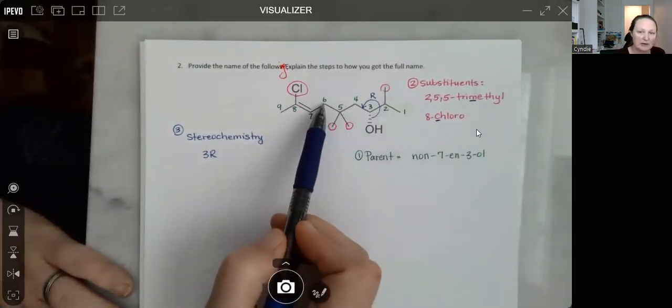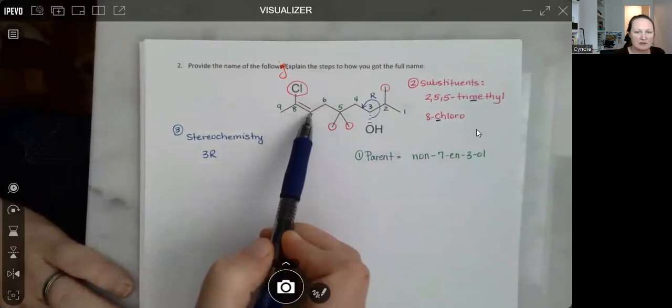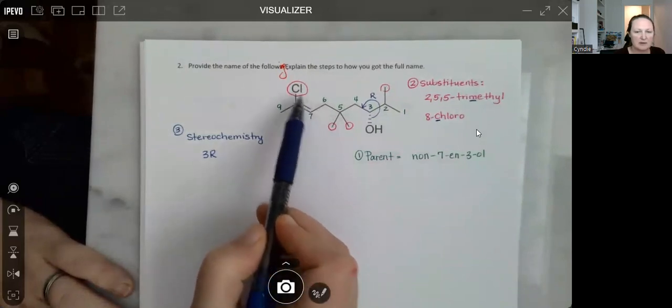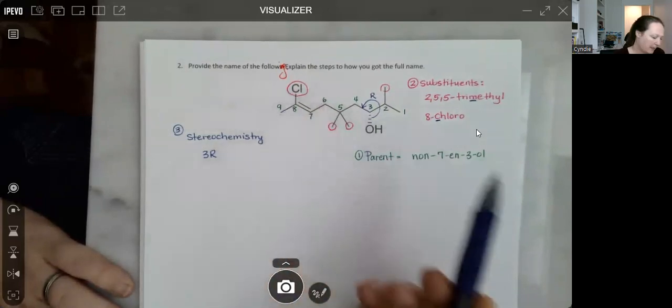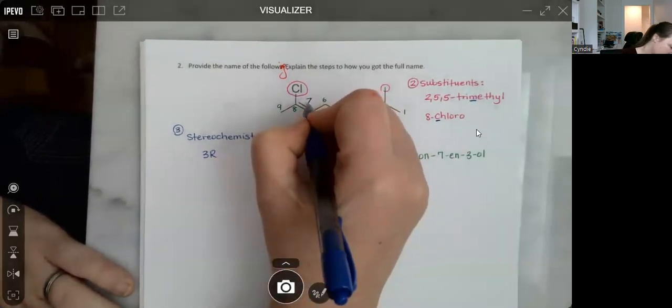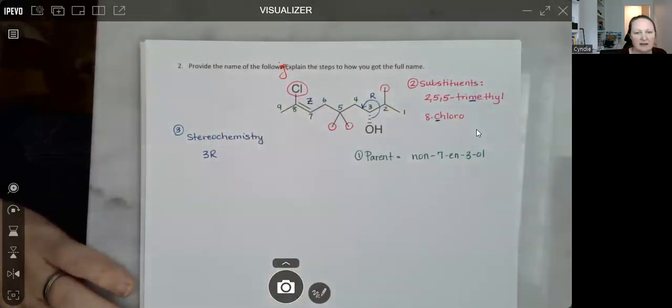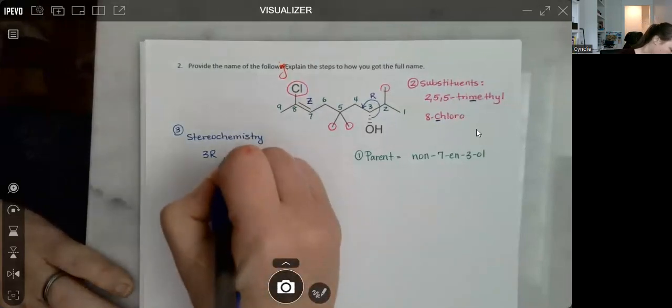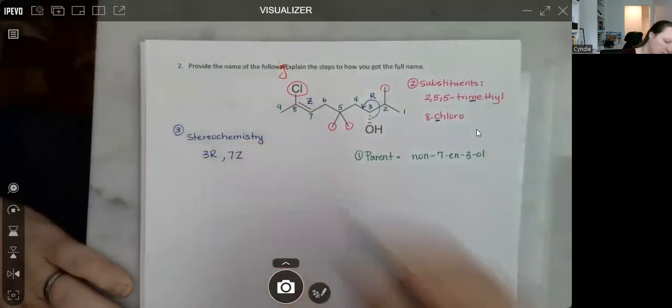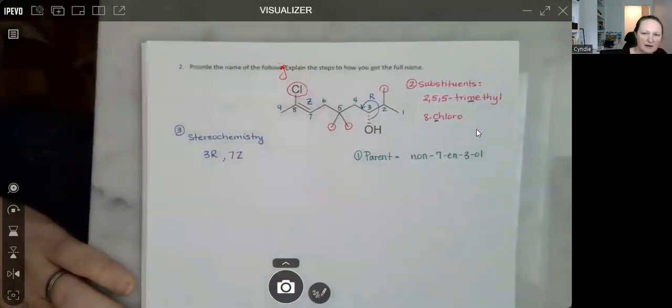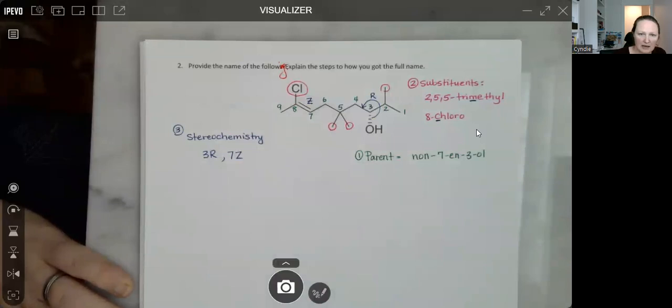So the 2 priority groups, right, attached to the sp2 hybridized carbons are the chlorine and this carbon, right? So this becomes then a Z alkene, right? So you could do 7Z or just Z. Okay, so we want to put that in the front of the name.